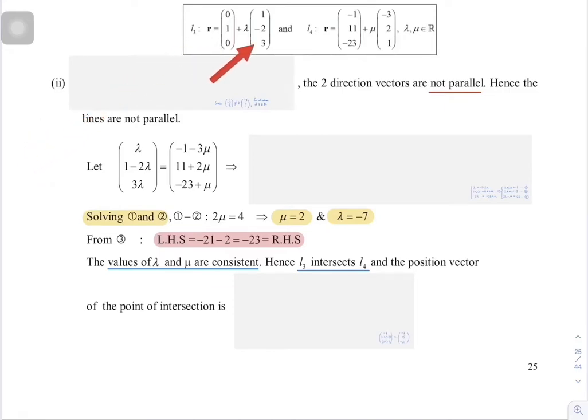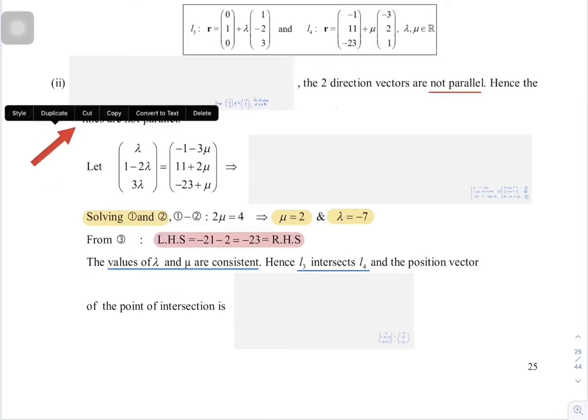For L3 and L4, if we look at the two direction vectors, (1, -2, 3) and (-3, 2, 1), we realize that they cannot be written as a scalar multiple of each other.